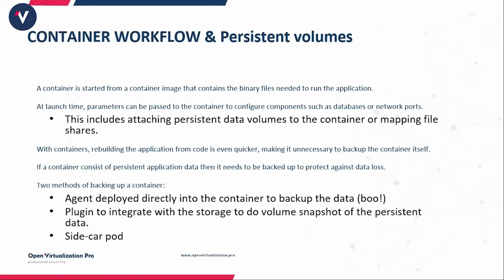All that resides in the container itself is the image of the application binaries needed to run the application. But at launch time, parameters can be passed to the container to configure components and map to those persistent data volumes containing such files as databases or configuration files that are needed within the container itself.